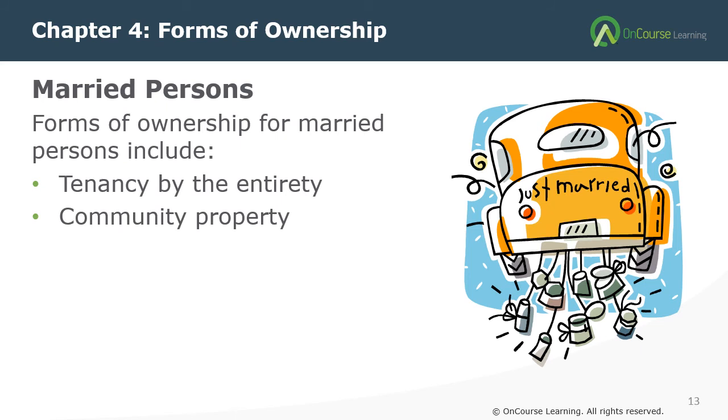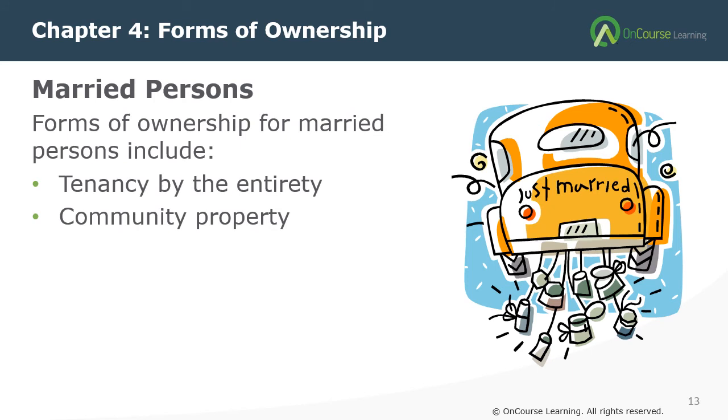But what is separate property? Separate property is property acquired before marriage, property that's acquired by gift to a spouse, property acquired via an inheritance, or property acquired by separate funds.